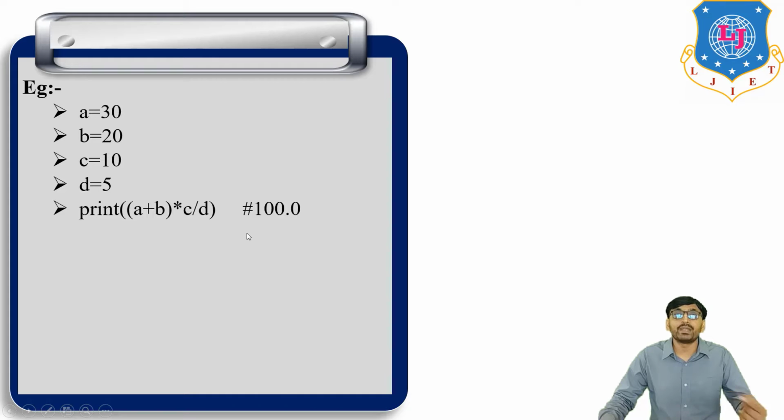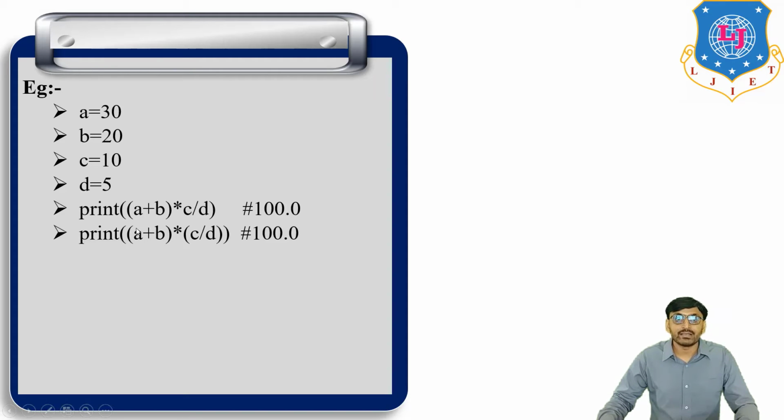So which operator is evaluated first? The parentheses. So a plus b is inside the parentheses, inside the bracket. So first 30 plus 20, that is 50. Okay, so one by one, which operator is evaluated first, then which operator, that is called operator precedence.